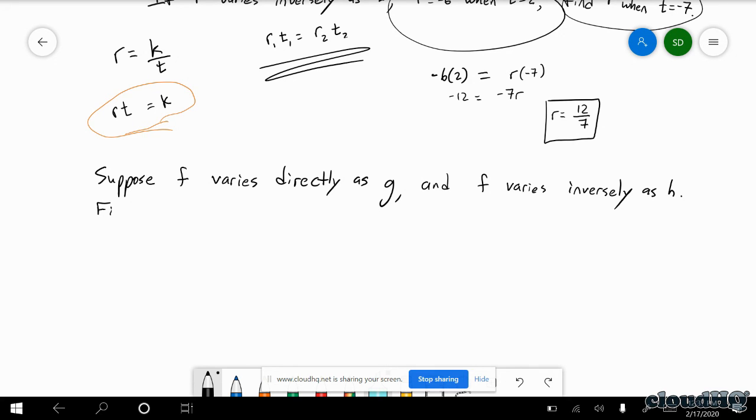Find g when f equals 6 and h equals -5 if g equals 18 when h equals 3 and f equals 5. Okay, so kind of a long problem because there are several variations.